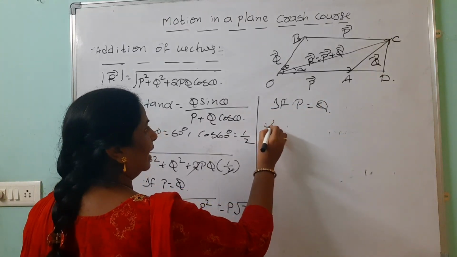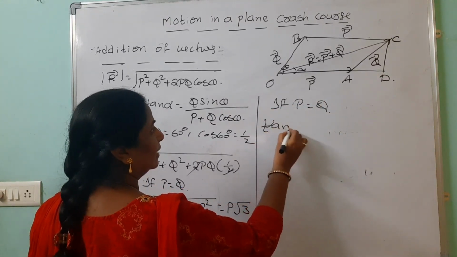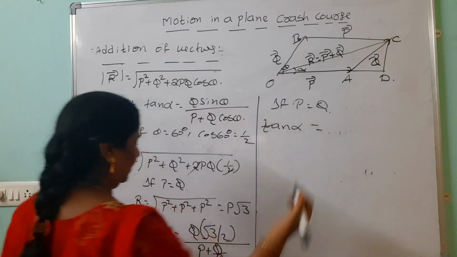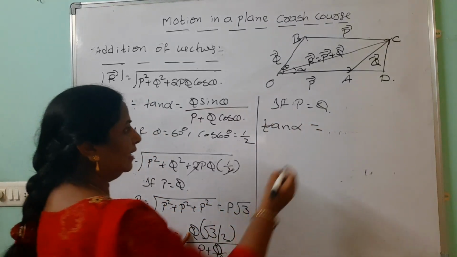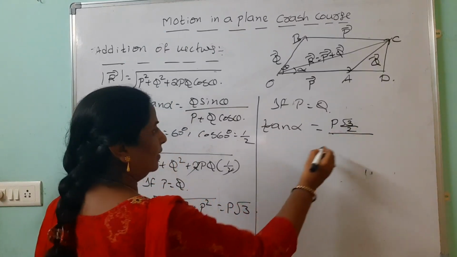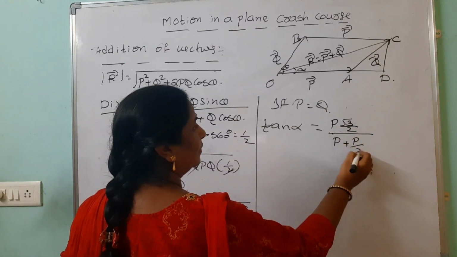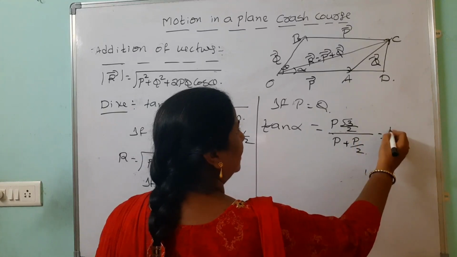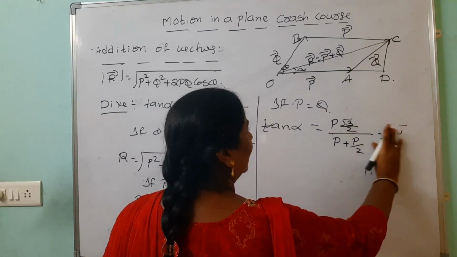Then what do you get for tan alpha? Tan alpha equals, see, instead of Q we are taking P, root 3 by 2 divided by P plus P by 2. After taking LCM, 2 is cancelled and P is also cancelled.